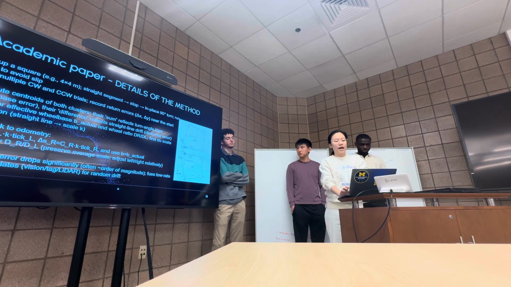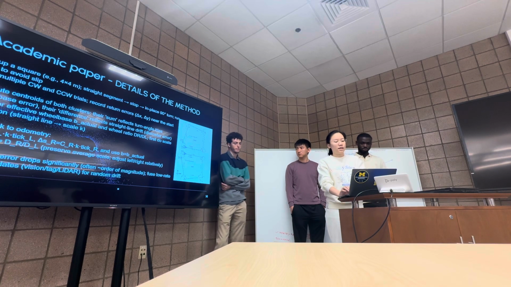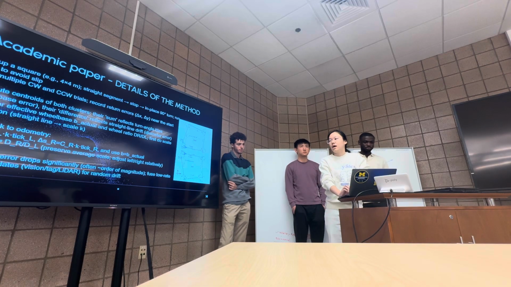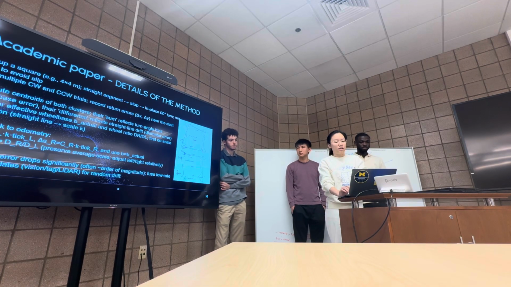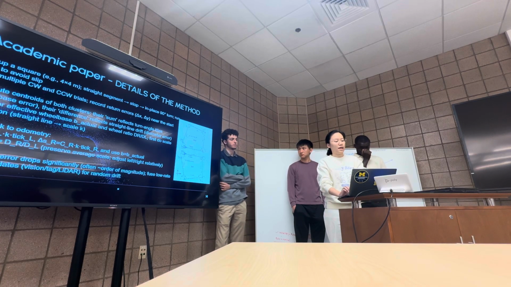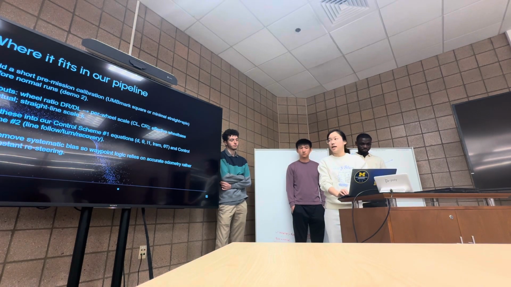Then we write back to the odometry formula, and the systematic error will drop significantly, often by an order of magnitude. The other random drift will be fused by vision and LiDAR devices. And how can this fit in our pipeline?